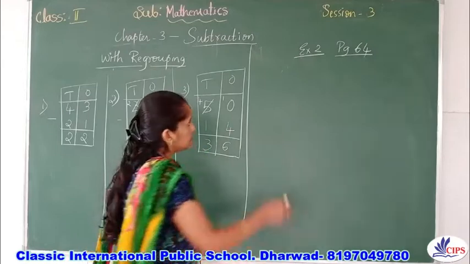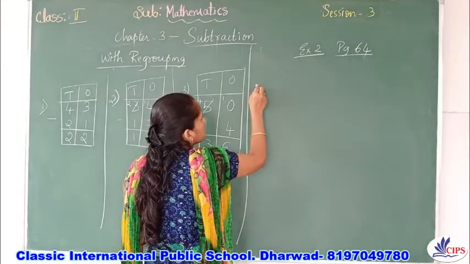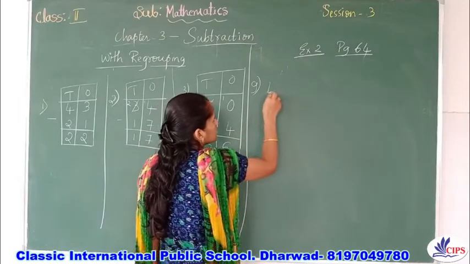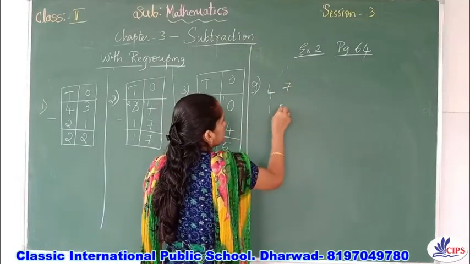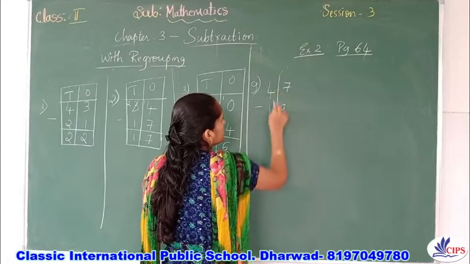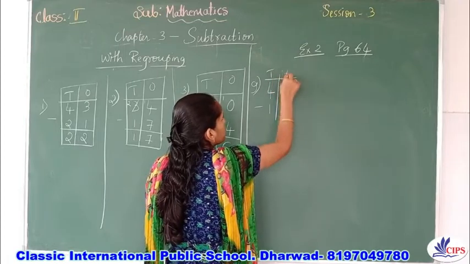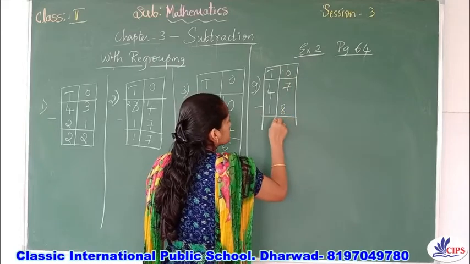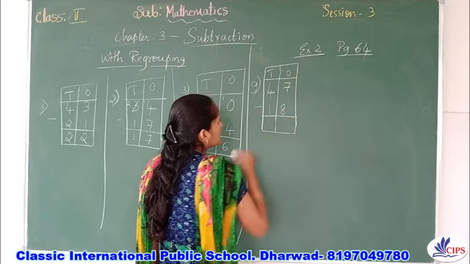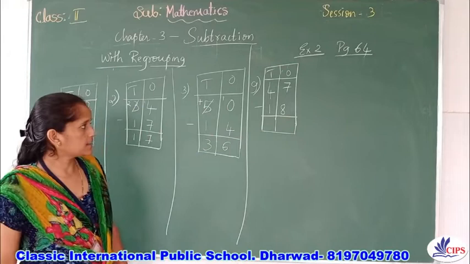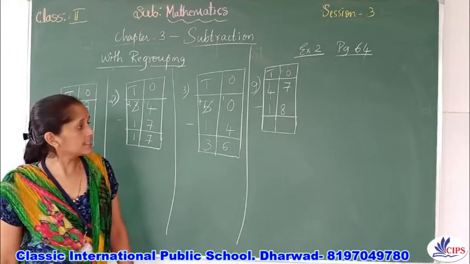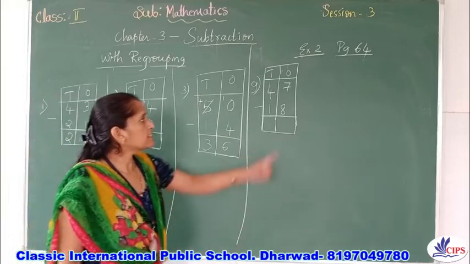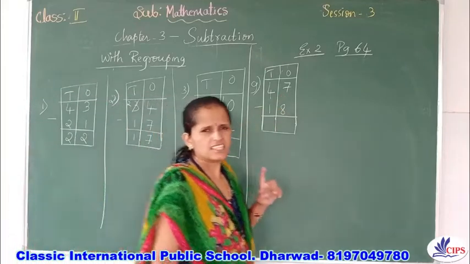Example number G. 47 minus 18, that is the exercise sum I have taken. 7 minus 8, is it possible?